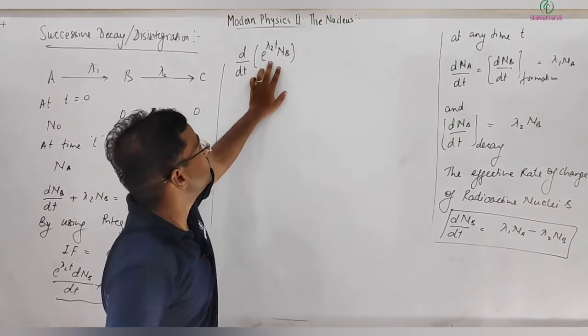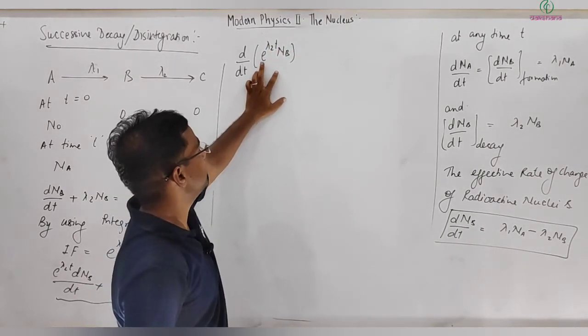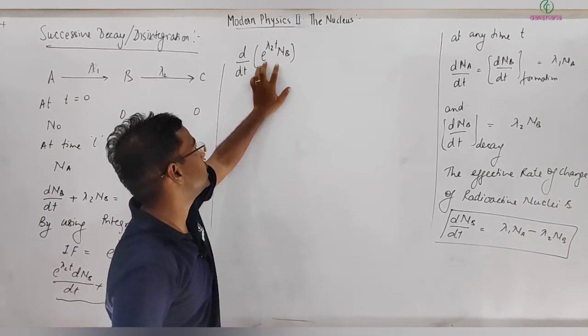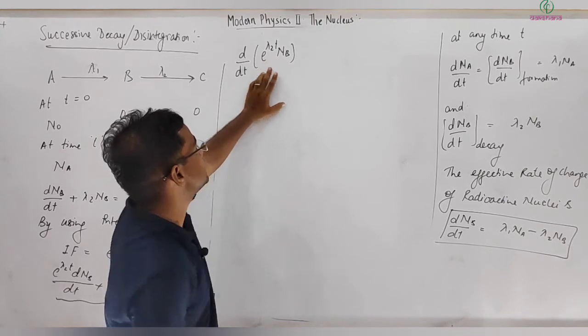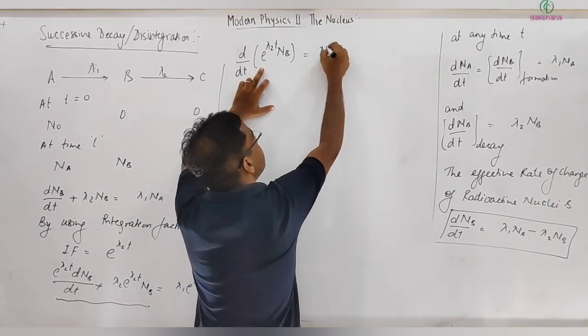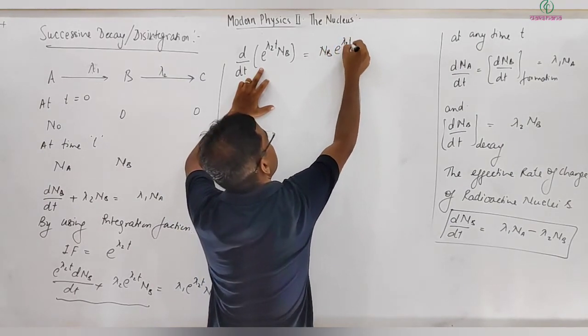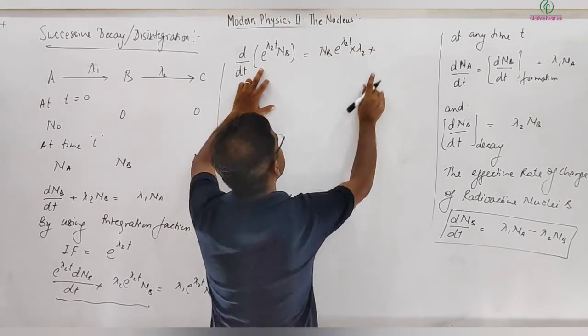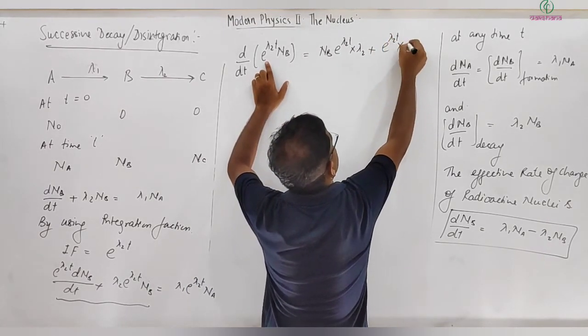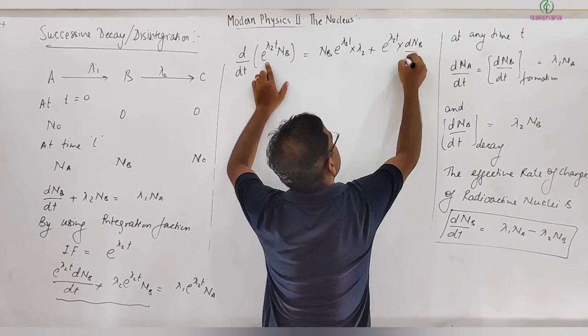Because now see, if you differentiate this, it is a product of two functions. So if I differentiate this, I will get nB into e raised to power lambda 2 t into lambda 2 plus, next time keeping nB constant, e raised to power lambda 2 t into dnB by dt.